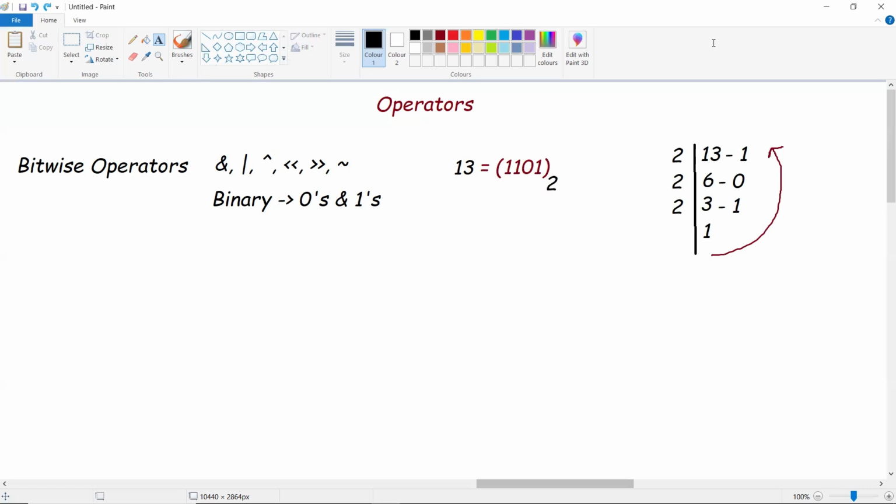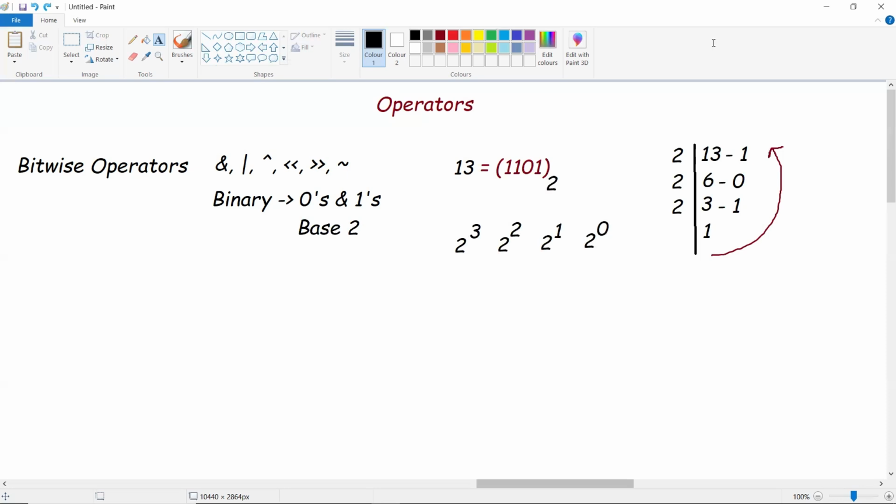If you want to cross validate, is 1101 the correct value of 13 in binary? Let's validate. As I told, in binary the base is 2. We have 4 bits, 1101, so let's take 2 power 3, 2 power 2, 2 power 1, 2 power 0.